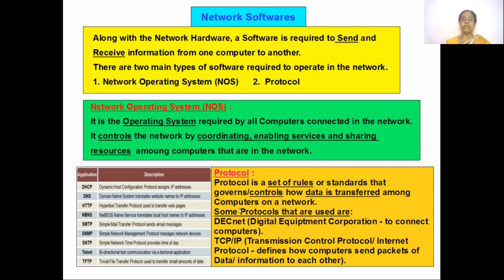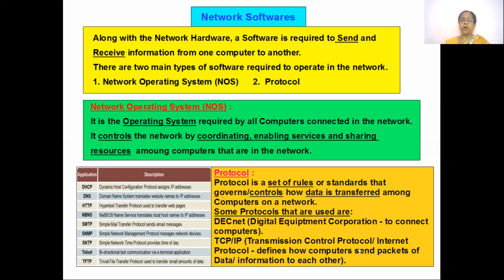Here are some of the protocols. Here I have put a picture of many of the protocols. You can also check on the net. We have many protocols. With these protocols only, our network is working. One is DECnet, which means Digital Equipment Corporation. It helps to connect the computers. TCP/IP means Transmission Control Protocol and Internet Protocol.